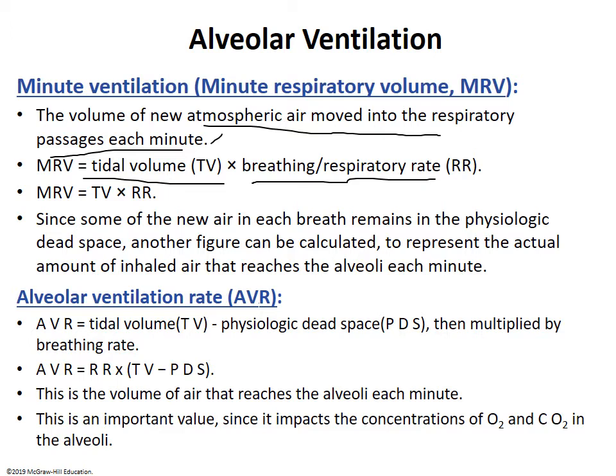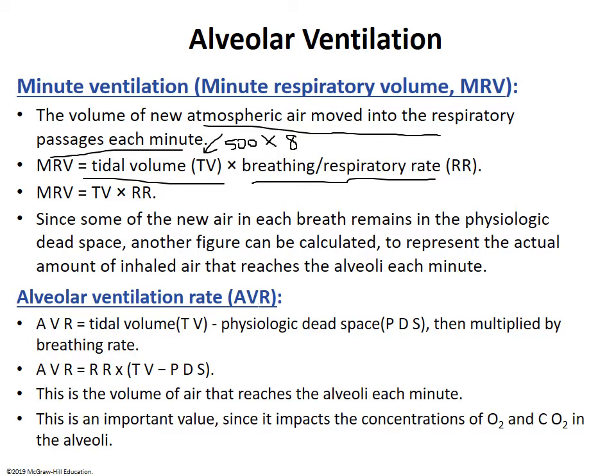The tidal volume is generally, on a healthy person, 500 milliliters. And let's say the average person is going to breathe about 8 breaths per minute. I'm just throwing this out there, this is not normal. So if I have 8 breaths per minute, and each breath I move 500 milliliters, I can calculate how much air has gone through my lungs each minute.